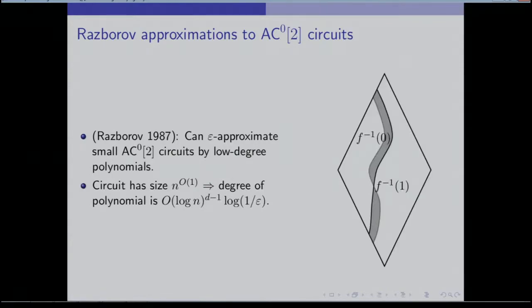So we might have some arbitrary circuit of polynomial size which computes some Boolean function. The polynomial will compute a Boolean function that's very close to the Boolean function computed by the circuit. So there will be a few errors. You'll err possibly on the zeros and on the ones just a little bit. But the degree of this polynomial is not very big. The degree of this polynomial is only polylogarithmic in the number of variables, as a result of what we saw on the previous slide.